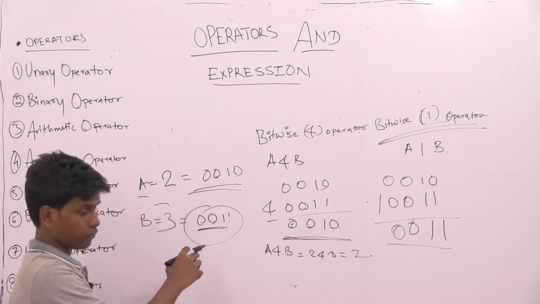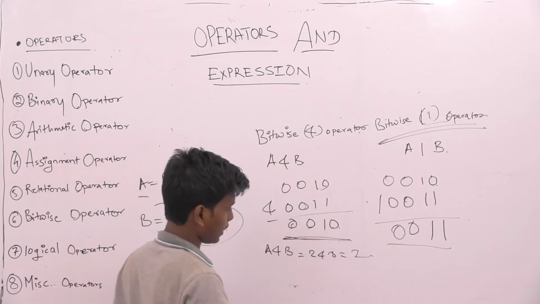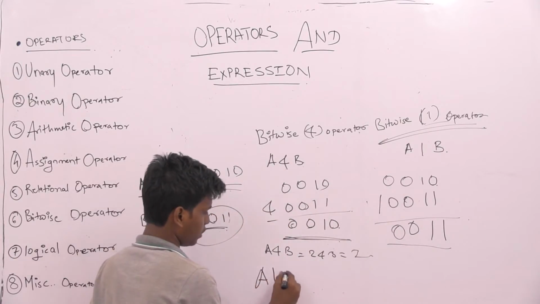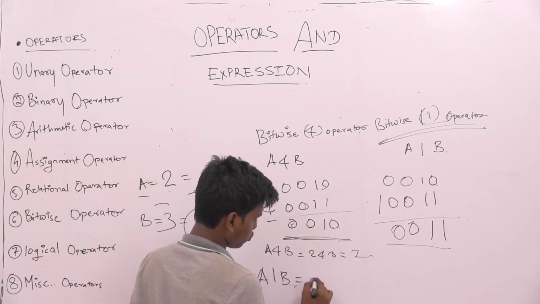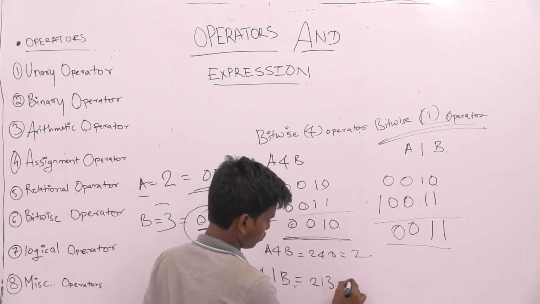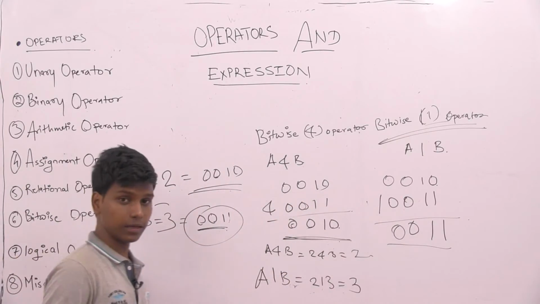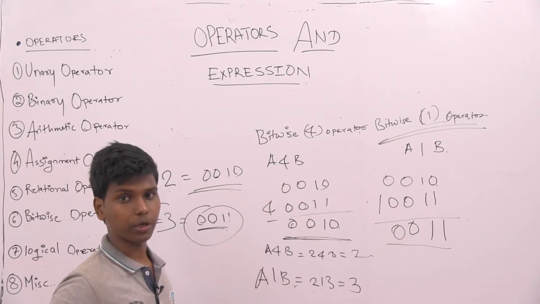If we see here, the value is similar to 3, that is A or B, that is 2 or 3 is equal to 3.